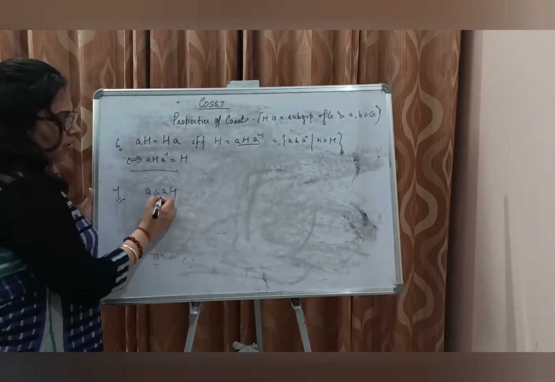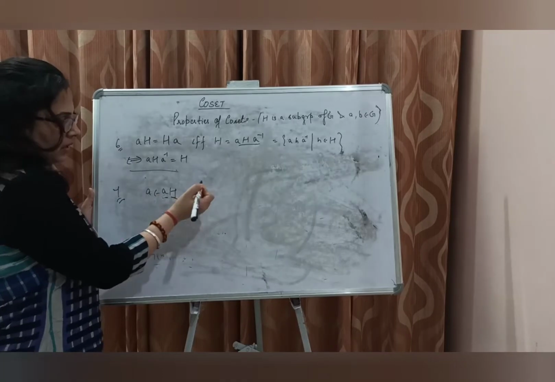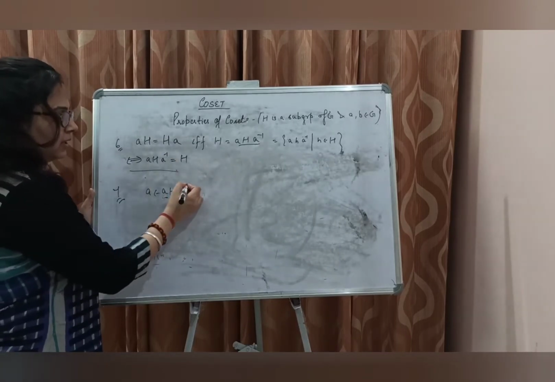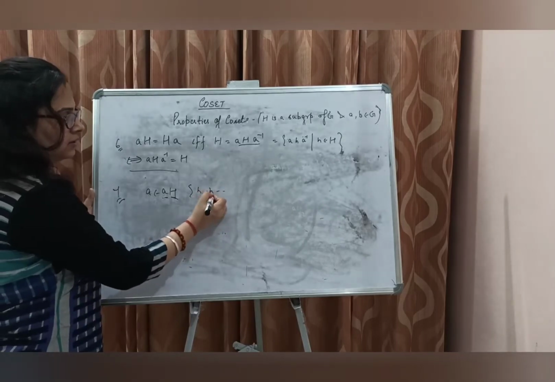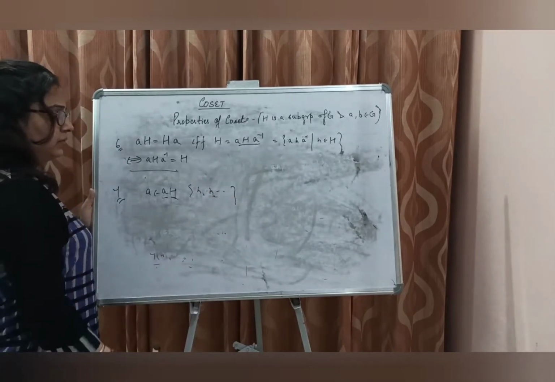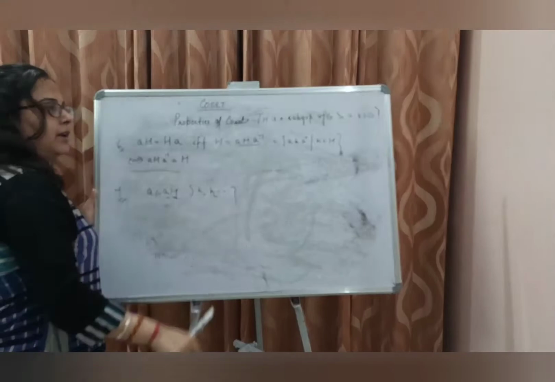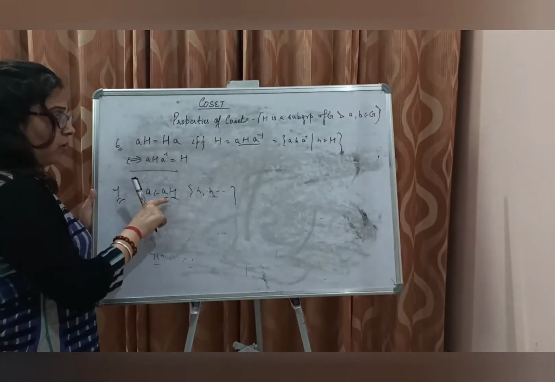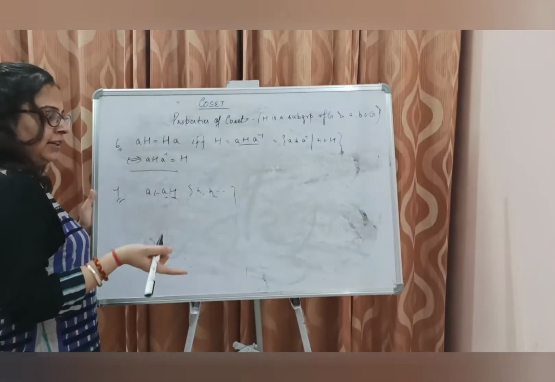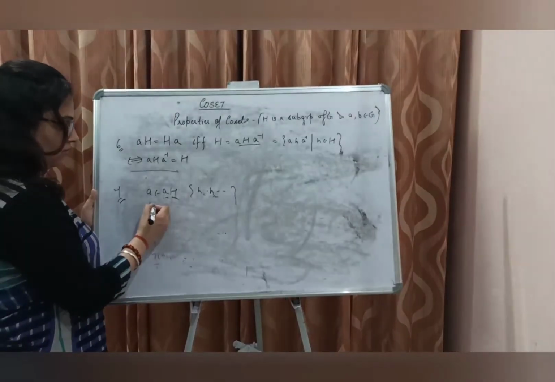Now maybe I don't know how many elements are there in H. They can be finite, they can be infinite. So for every element in H, we have an element in AH. So order of AH is at least order of H.